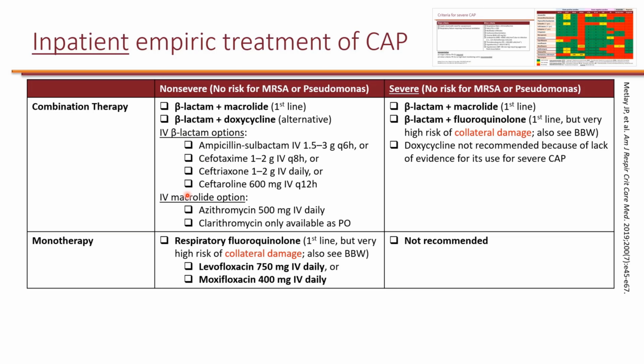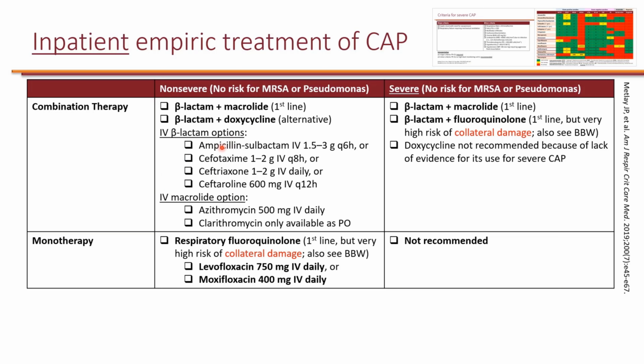These agents happen to be IV initially, although if they can tolerate oral, it's okay to give them oral medication. But you will see in hospital that often the very first doses of these antibiotics are given as IV. It also helps with absorption, because if you give oral antibiotics, it takes some time for the antibiotic to be absorbed and be available at the site of infection. So the IV antibiotics also help get the antibiotic to the site of infection as fast as possible.